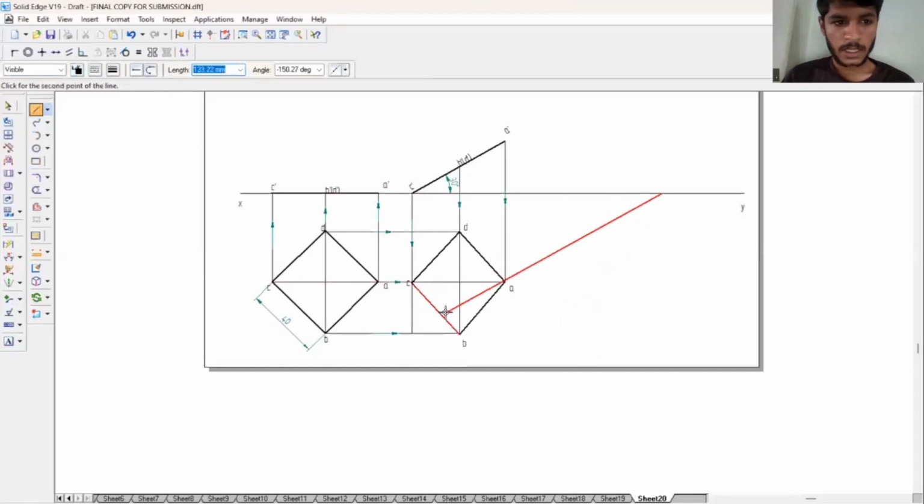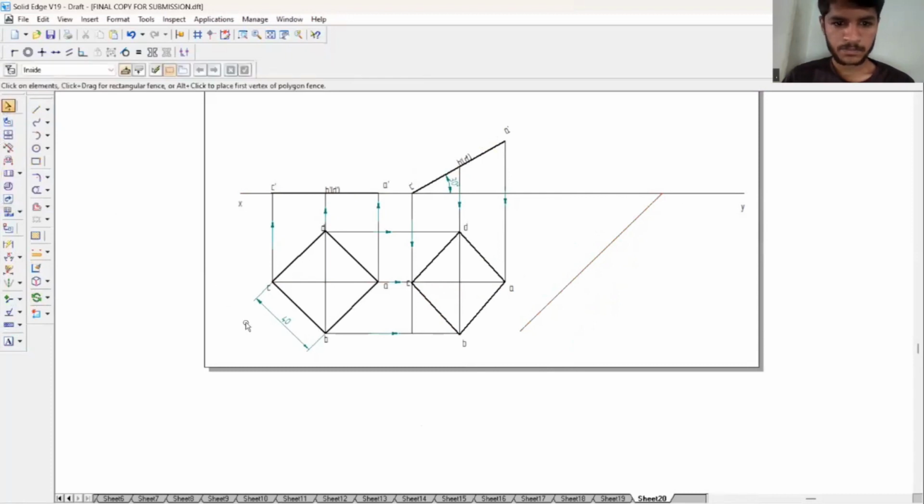And now let's draw a line at an angle of minus 45 degrees, which must be in a minus sign because it must lie below the XY line, or we can shift it. Now let's move this whole.